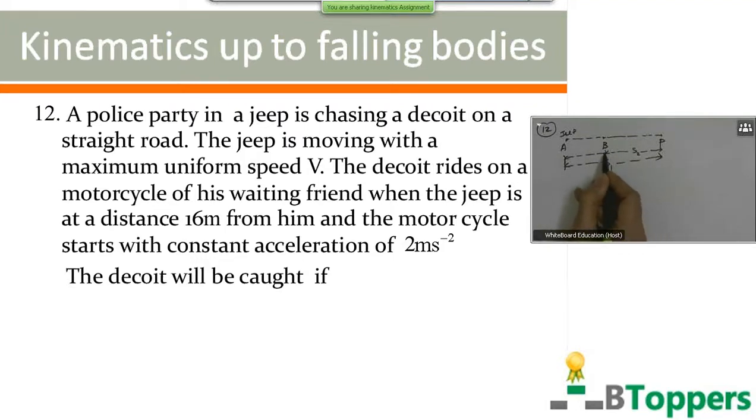The distance between the initial positions of the jeep and the dacoit is denoted by D. That is 16 meters.